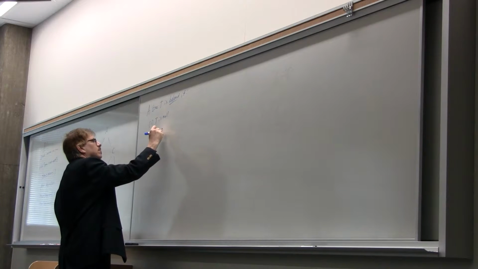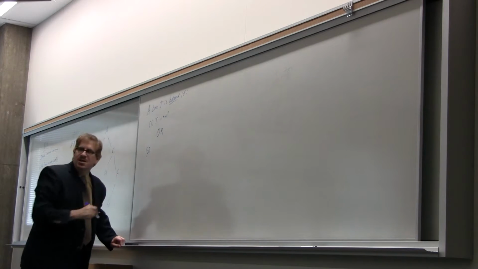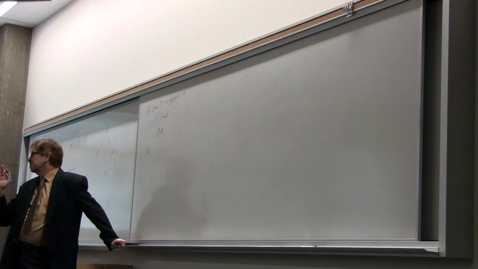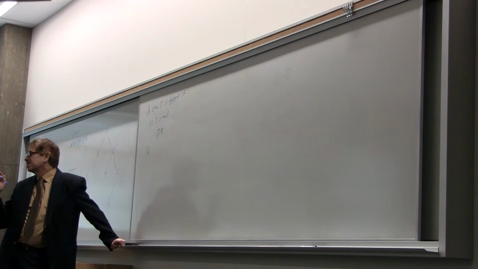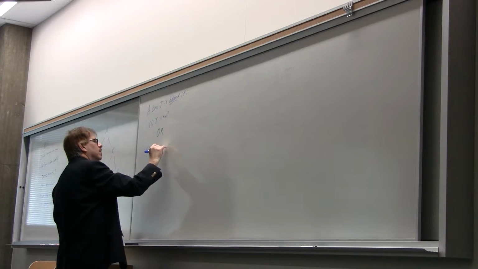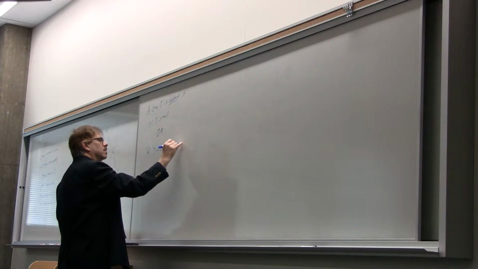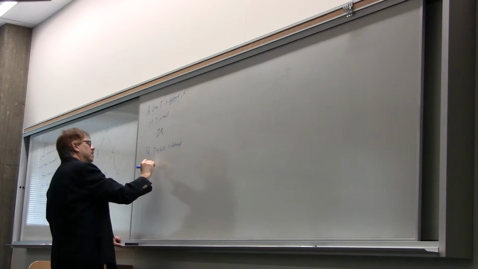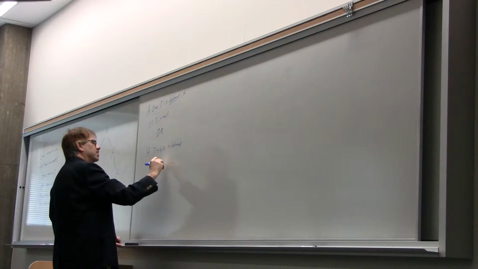Or, if the tree is not null, we need 3 things to be true for the tree to be balanced. We need the left subtree to be balanced. We need the right subtree to be balanced.